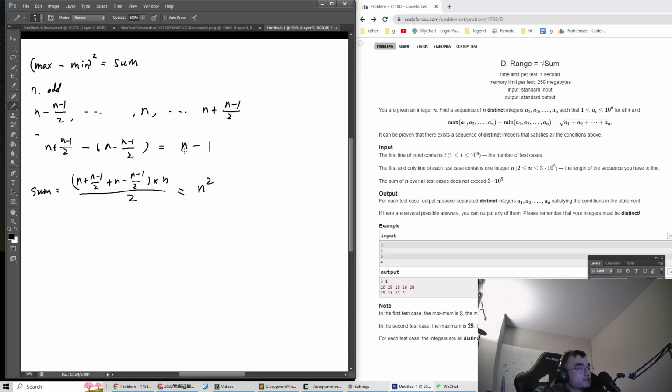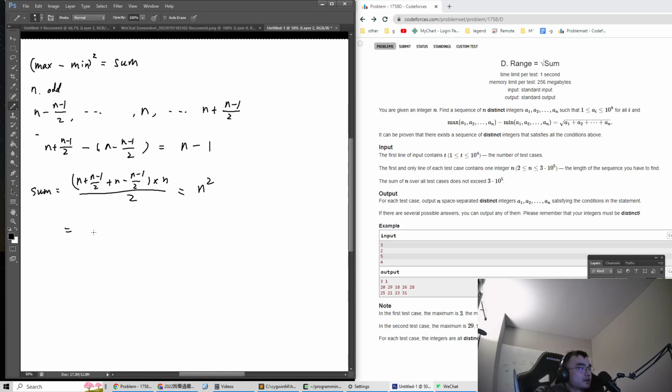So let's add 2 to each of the numbers in the array. In that case, the left side will stay the same, right? Because the difference between the maximum and the minimum will stay the same, but the sum will change. So previously, its sum equals n squared.